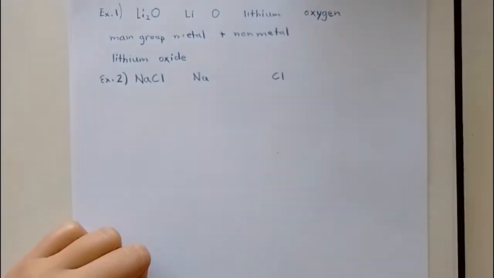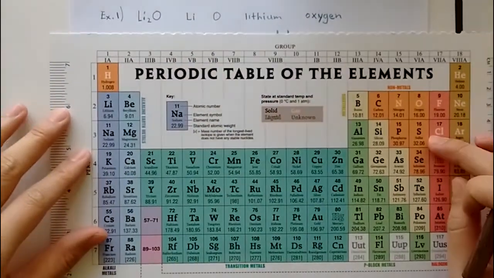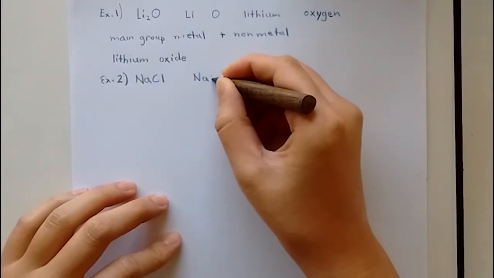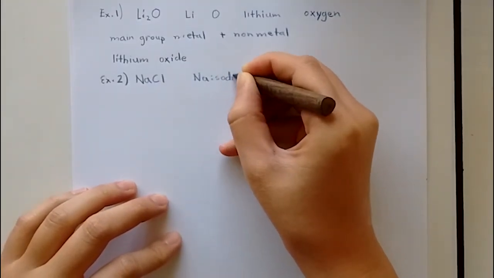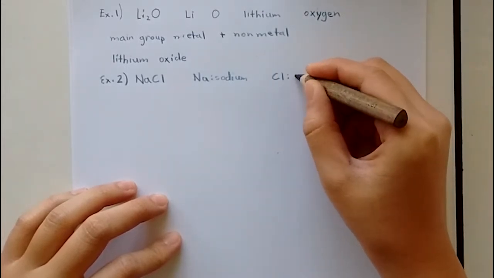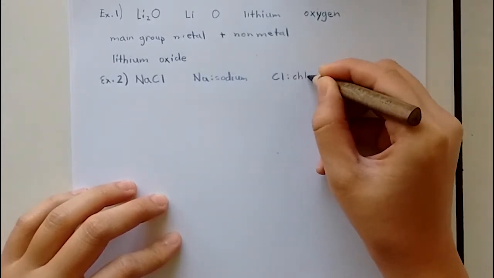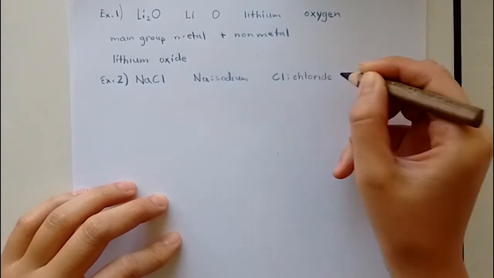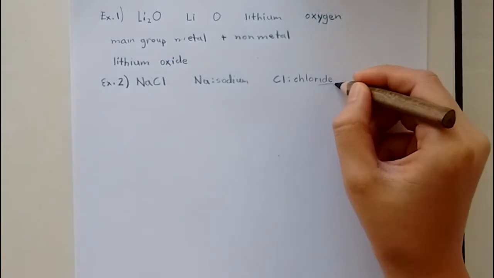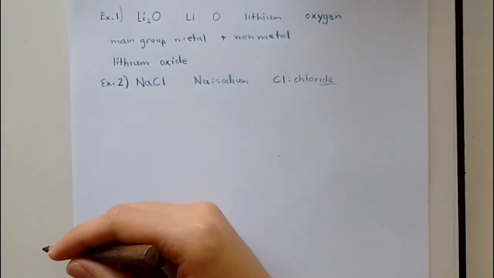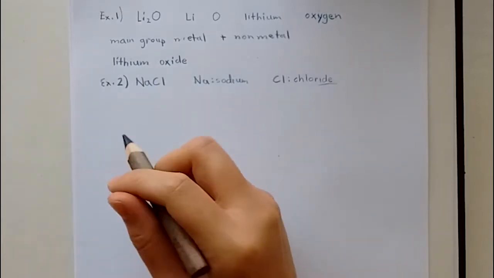The names here are sodium and chlorine. The chloride here indicates the ionic form of chlorine.